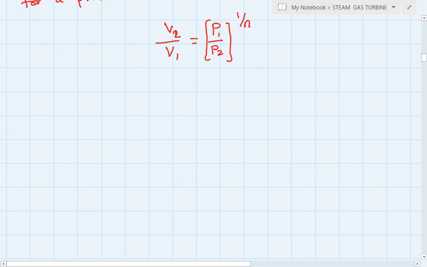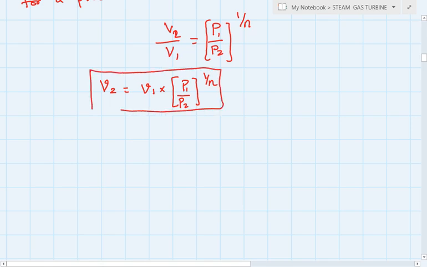So V2 equals V1 into P1 divided by P2 to the power of 1 by n. Let me call this equation number 5.